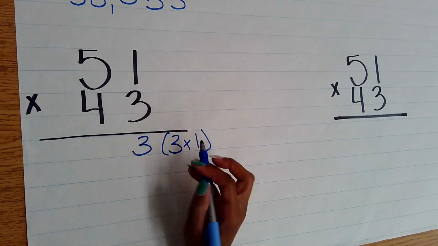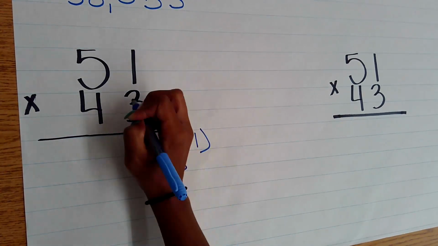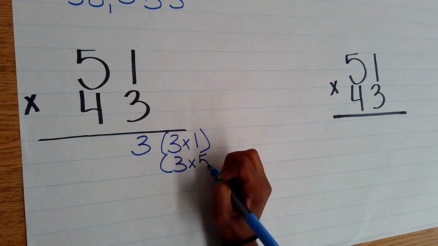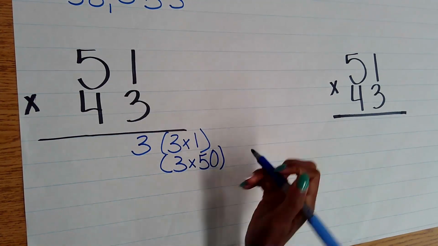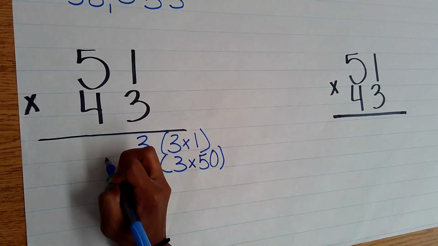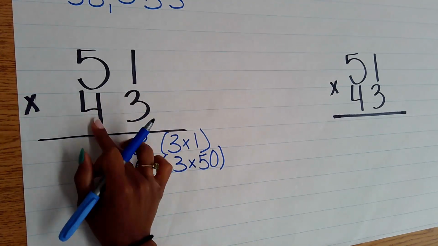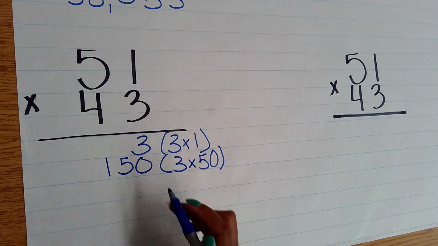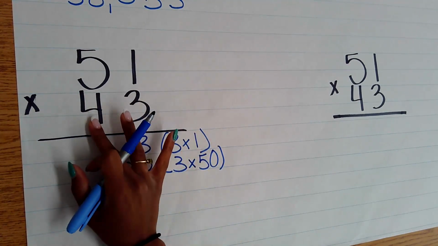And then I'm going to take my 3. I'm going to multiply it by 50. And I know that 3 times 5 is 15. Add my 0. And then I need to move on to this 40. So this is where, again, I need to treat it as its place value.